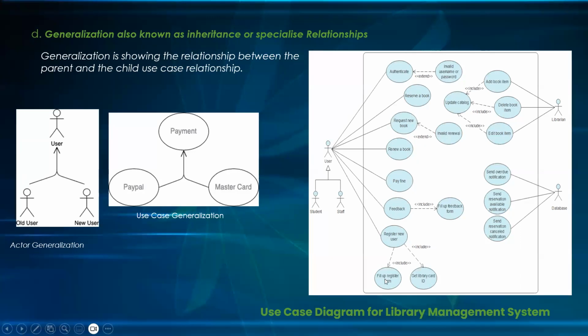You can fill up a register form, or you can get a library card ID. To register, it's either you register via this method or via getting a library card. So this relationship here is more like an include relationship.